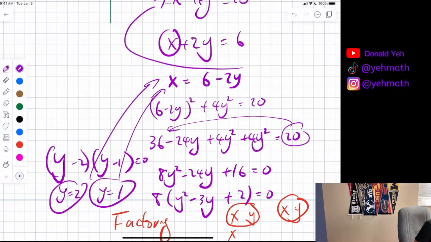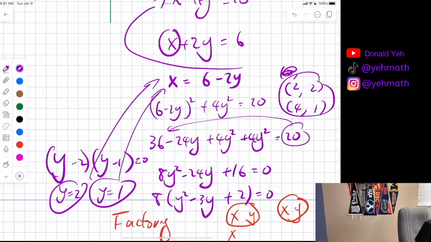I forgot what it was. 2 comma, wait, hold on a second. This is 2, and if y is 2, that's gonna give you 2. And if y is 1, then that's gonna give you 4. So there are 2 answers here. Got it? You got it? So I'll always look for the single variables.